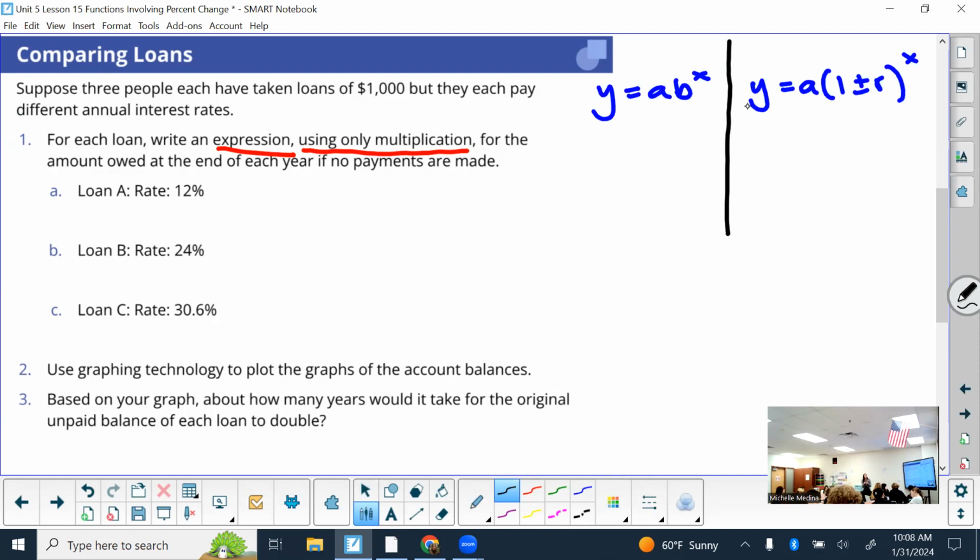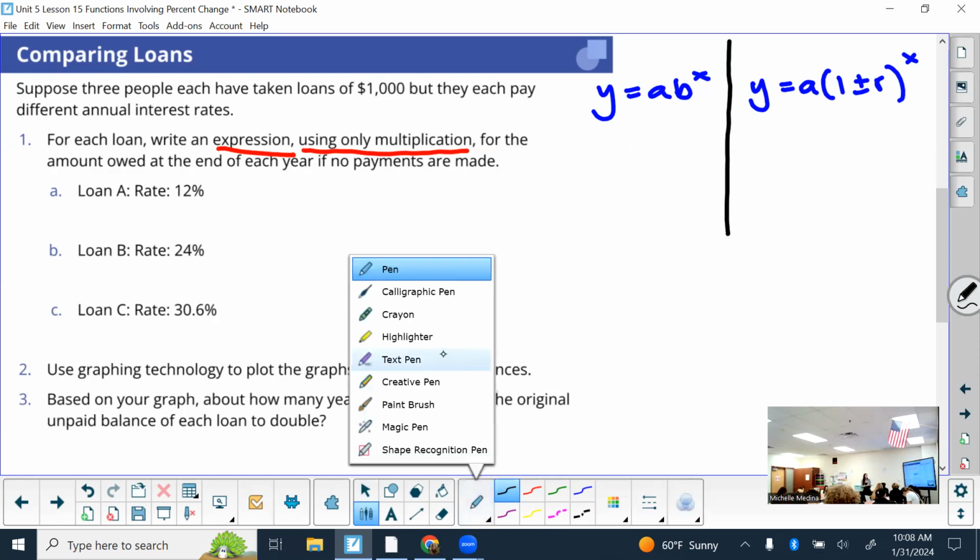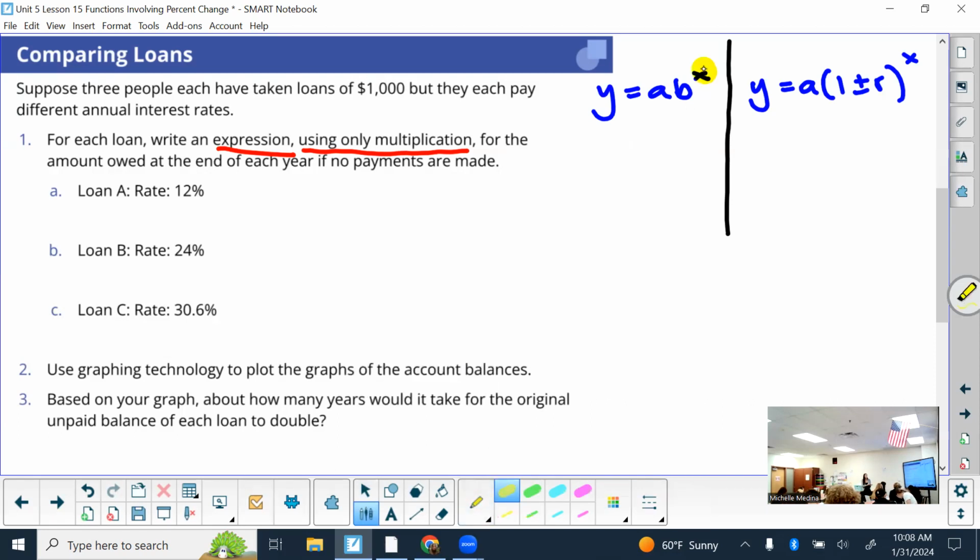Tell me anything about what I wrote down. Anything at all. What's the same? What's different? Okay. So the exponent is the same in both. What else is the same in both? The a. What else is the same in both? The y. So then that leads me to the question I originally asked. What's different? The parentheses and the b.